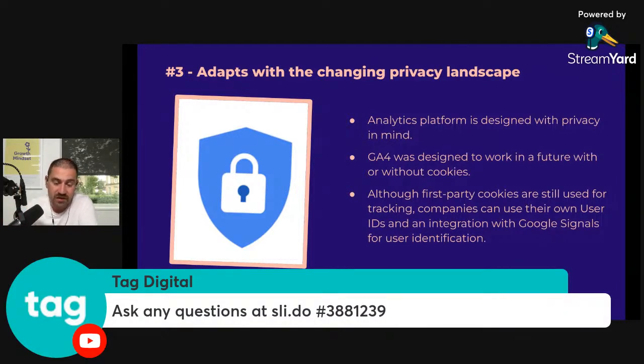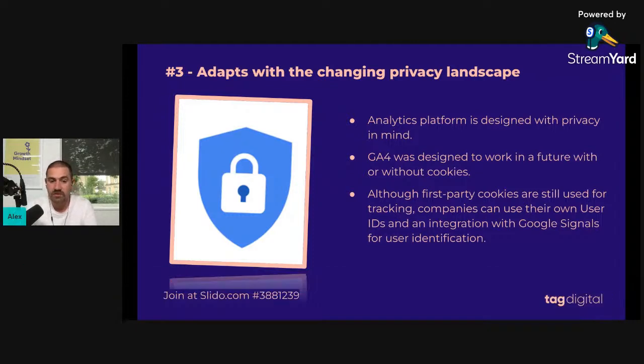Then the third thing is data retention, which is a little bit different from Universal Analytics. In Universal Analytics, you were able to configure data retention to a series of timeframes, from 14 months minimum to do not automatically expire. GA4 simplifies this with just two options: 2 months or 14 months, and you can't extend beyond 14 months.